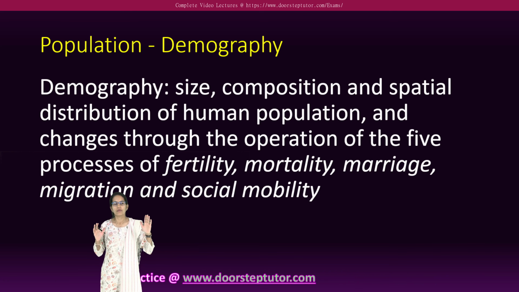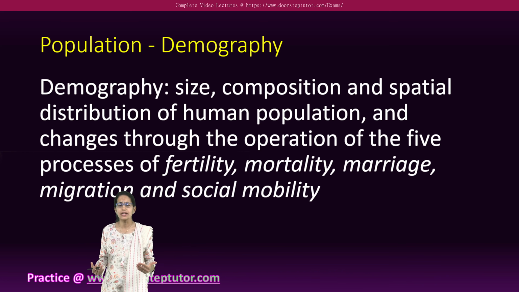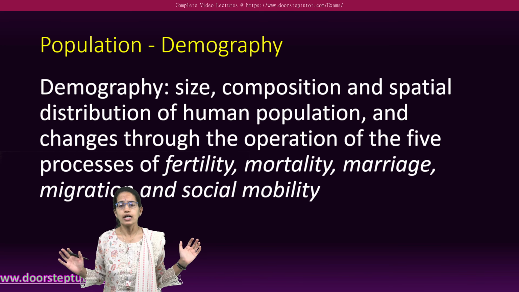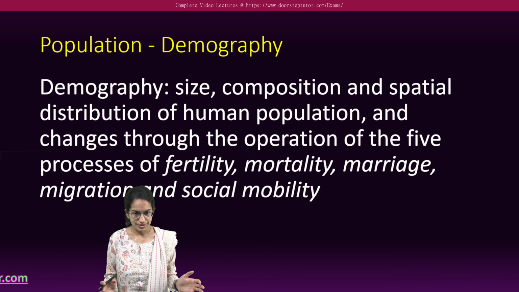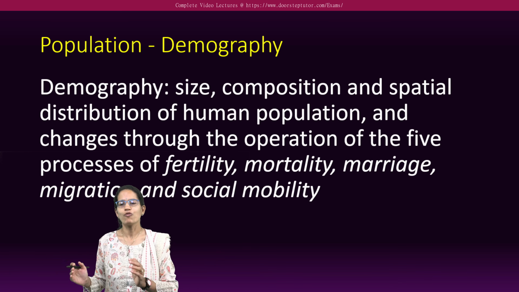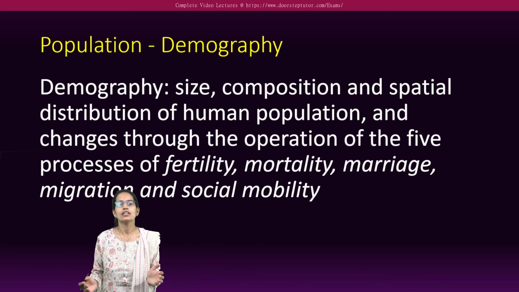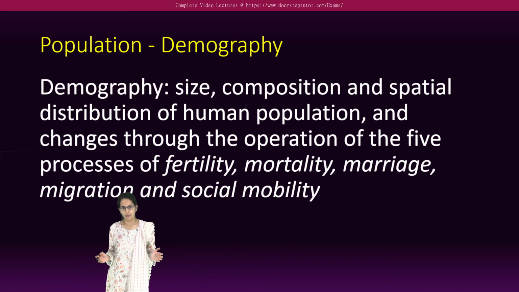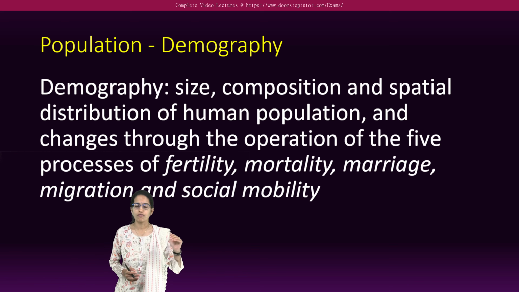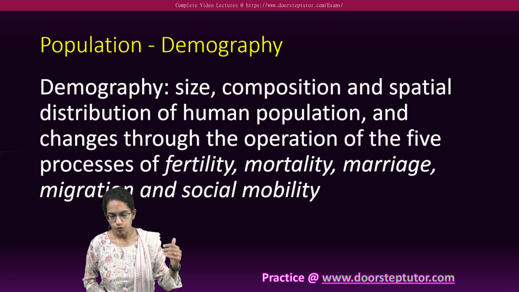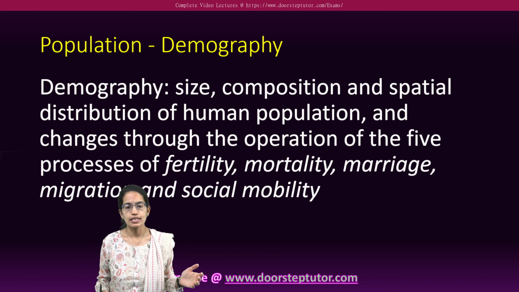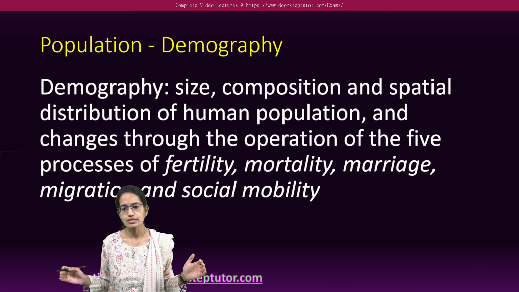Now, what is population? Simply stated, wherever you find a set of organisms or set of human beings, you would consider this as a population. So even in the case of animals, plants, flora, fauna, we say that there is a group, and that's what is called population.